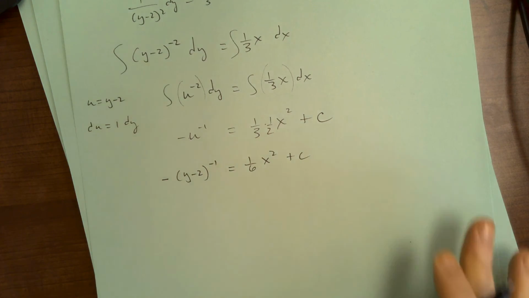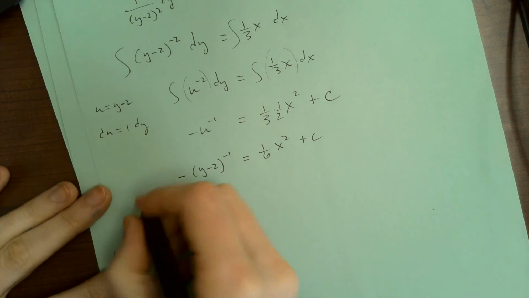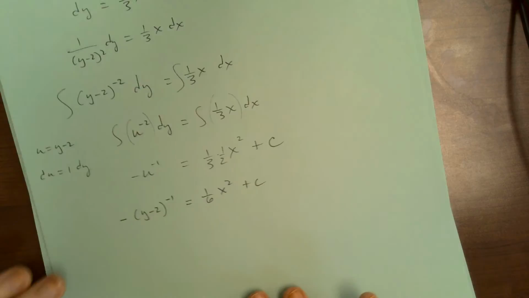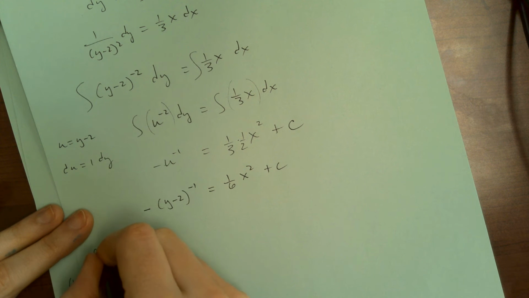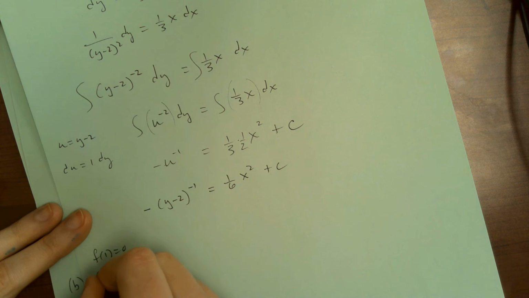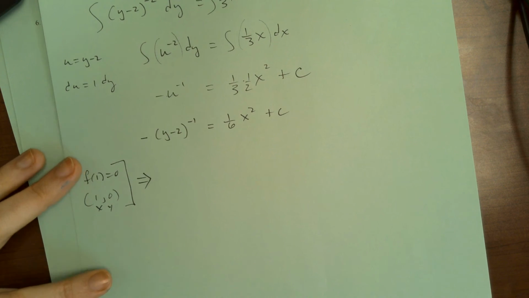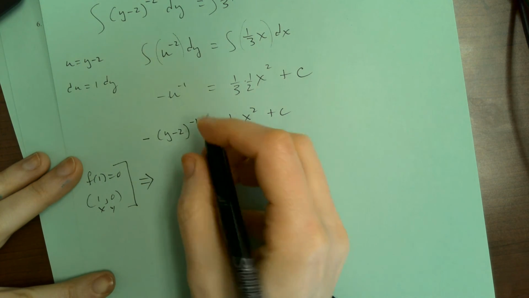Now we've got to find c by using the initial condition. So we know that they want this initial condition, f of 1 equals 0. That means we've got (1, 0) is a point on this.